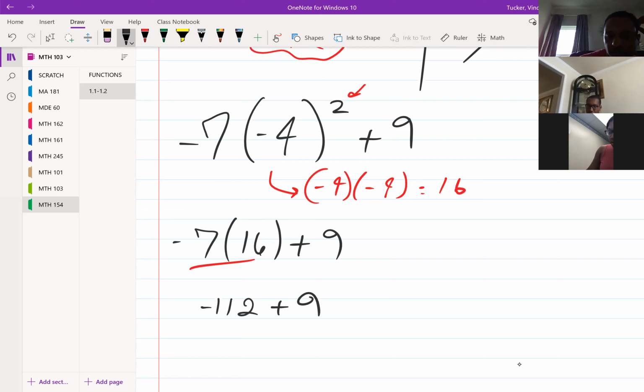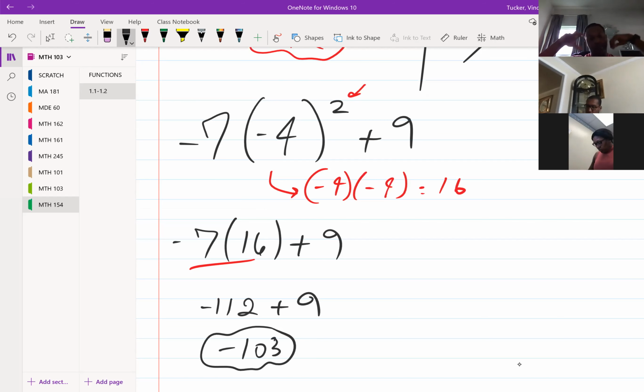And then negative 112 plus 9 should be a negative 103. So yep. So the first part of that section is this type of thinking and this type of operating.